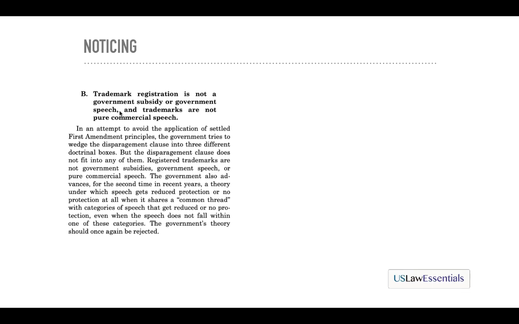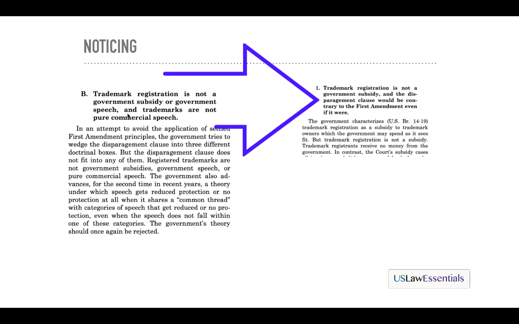Here's another example. This is also an appellate brief to the Supreme Court of the United States, and the attorney writes, trademark registration is not a government subsidy or government speech. You might or might not be an expert on trademark law, but notice how our next major subcategory, 1B1, trademark registration is not a government subsidy.